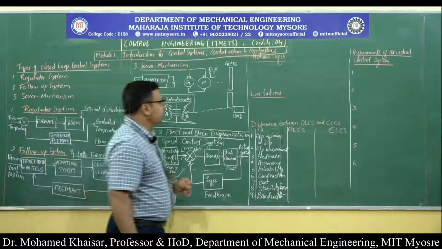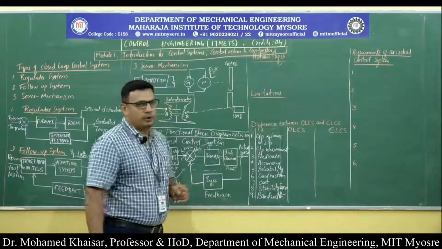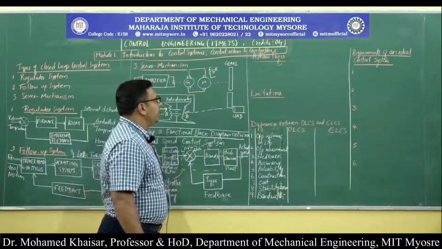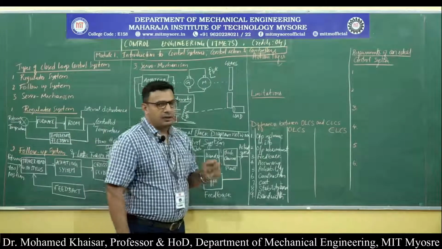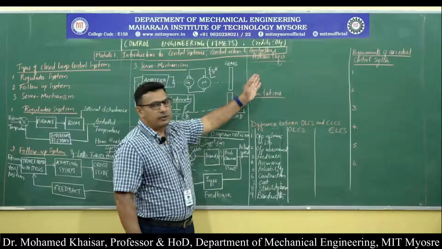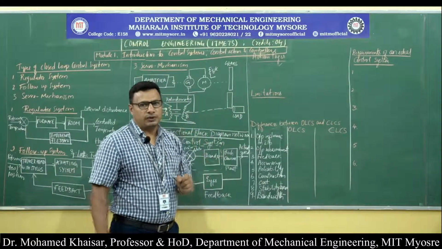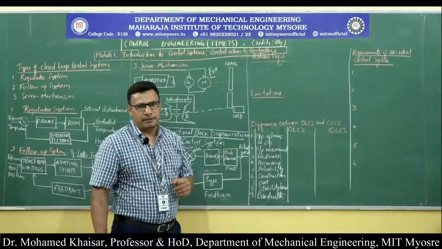Now, let me quickly run through the advantages and disadvantages of a closed loop control system. In the advantages category, the disadvantages of the open loop control system come out as advantages of the closed loop control system. It is highly reliable. Why?